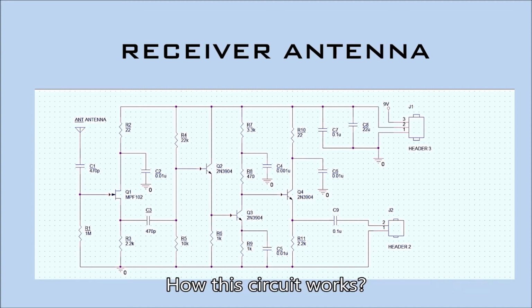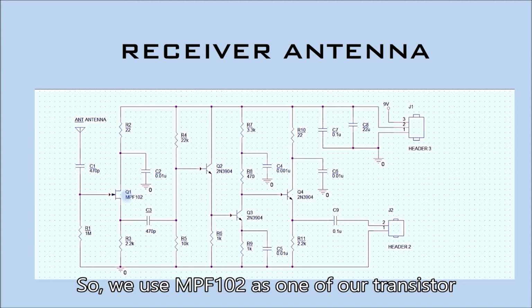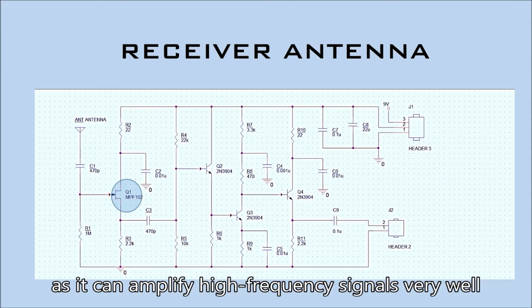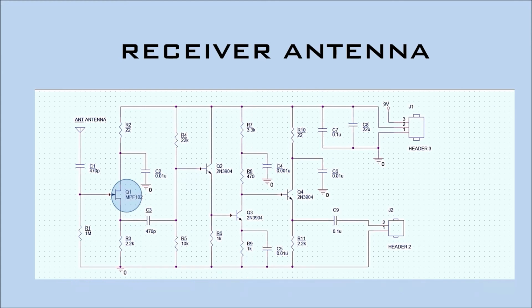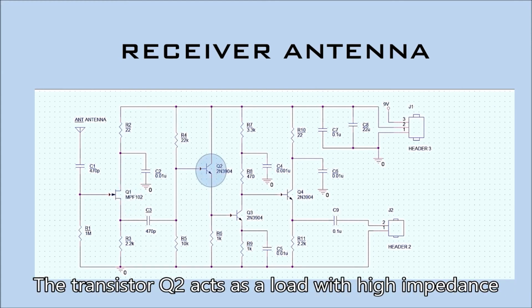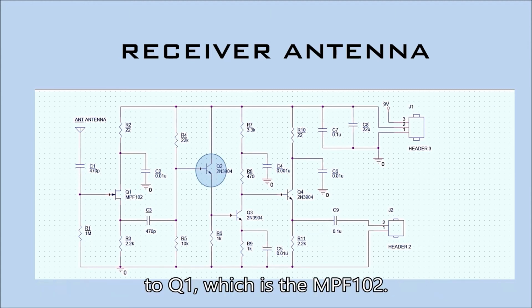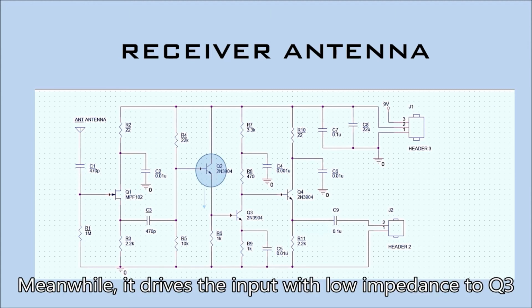How does the circuit work? We use MPF102 as one of our transistors, as it can amplify high frequency signals very well. Next, the transistor Q2 acts as a load with high impedance to Q1, which is the MPF102. Meanwhile, it drives the input with low impedance to Q3.